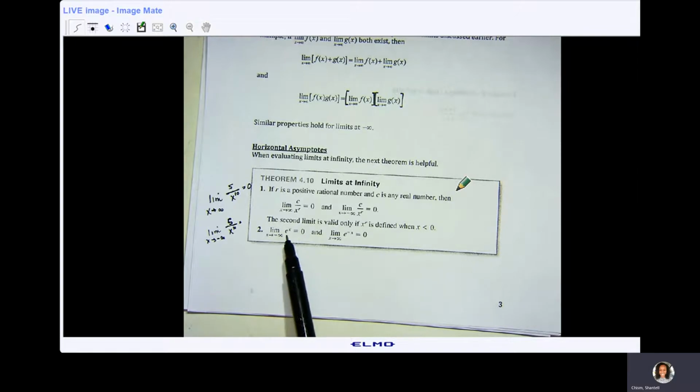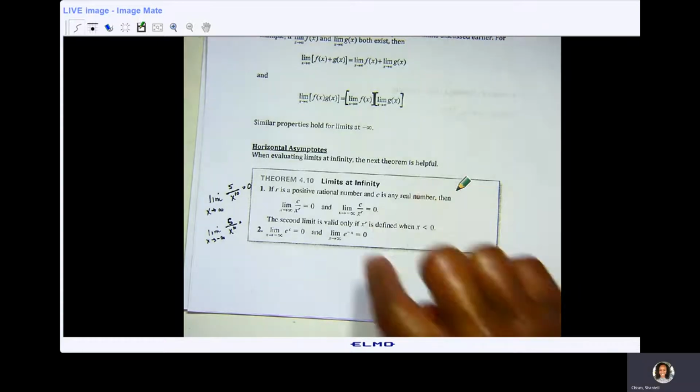Another one: e to the x is equal to 0 as x approaches negative infinity, and the limit as x approaches positive infinity of e to the negative x is also 0. So you might want to memorize those, but you can plug in examples or numbers and see what you get and verify that it is approaching 0.